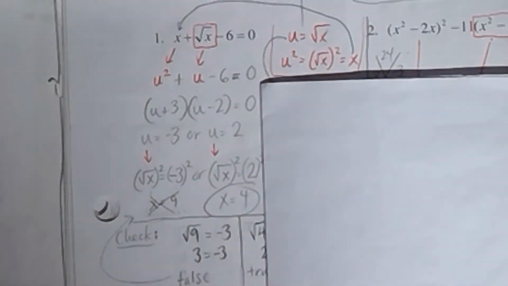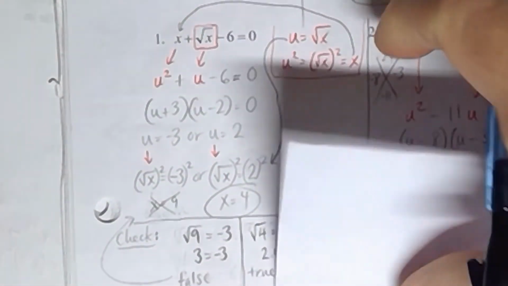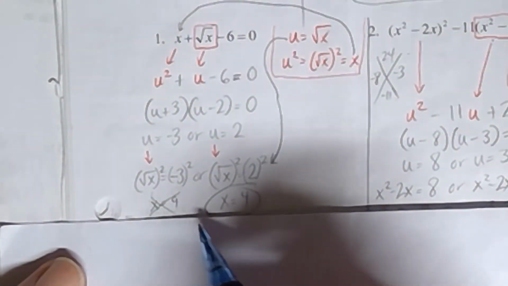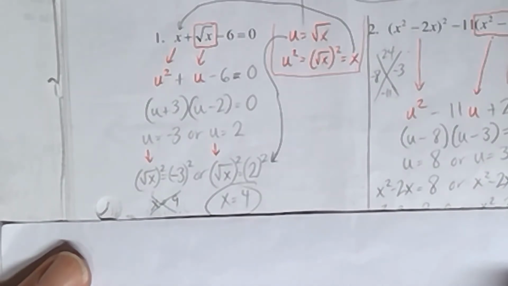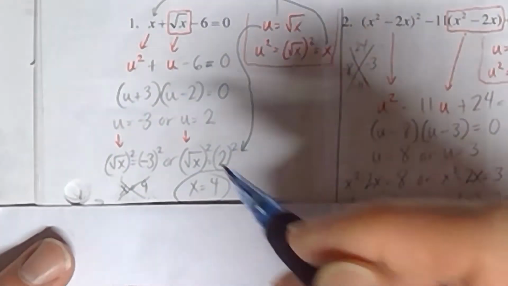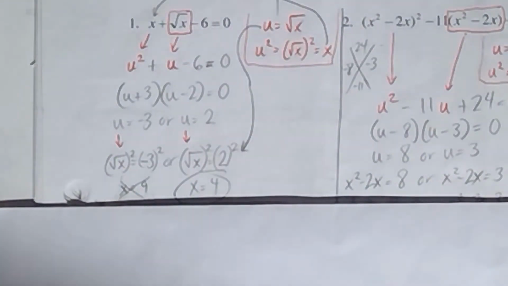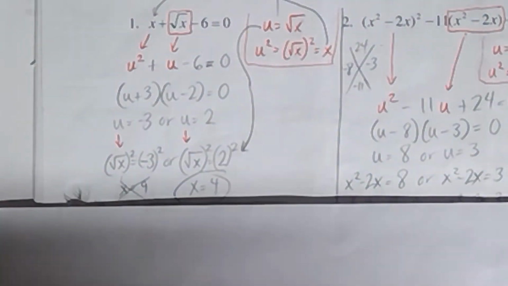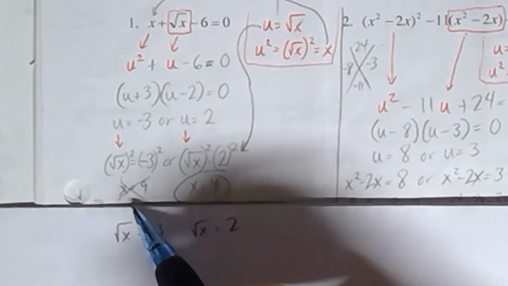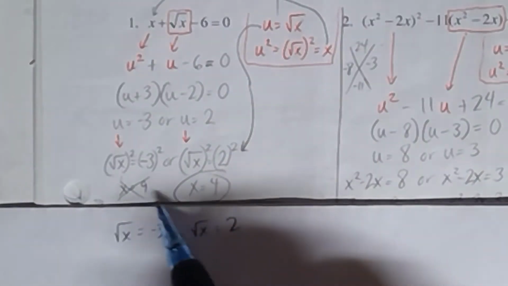And then that gave me what? That gave me 9 and 4. But why did I cross out the 9 after I squared both sides and got 9 and 4? Like I told you guys, whenever you square both sides, look back at any equation with the same variable in it, which is x here. And we're checking x numbers here, not u numbers, 9 and 4.